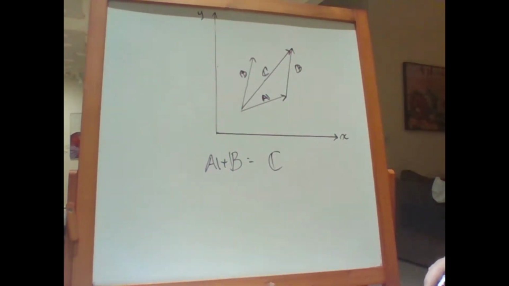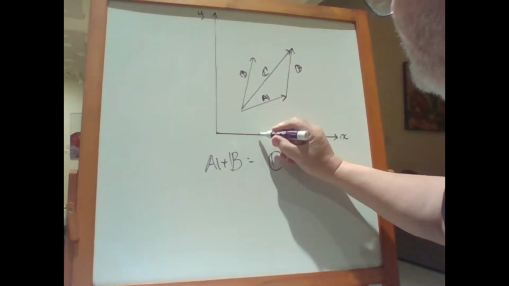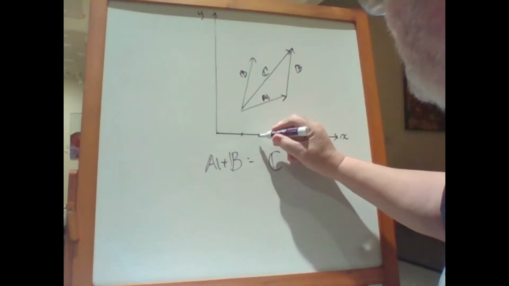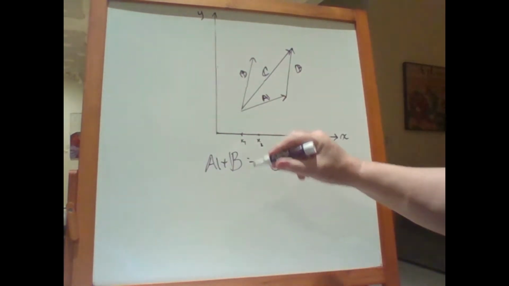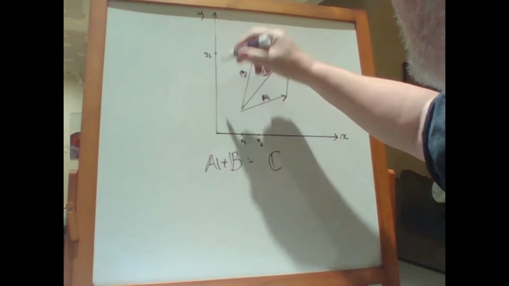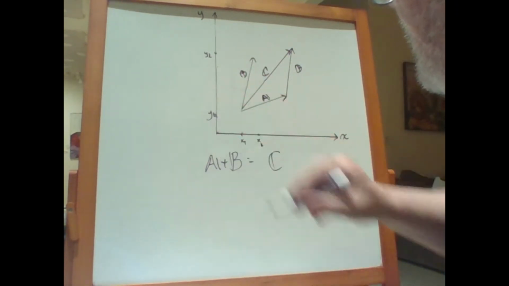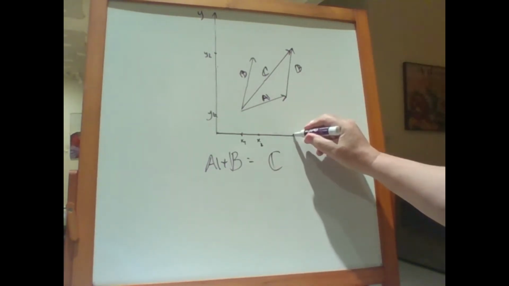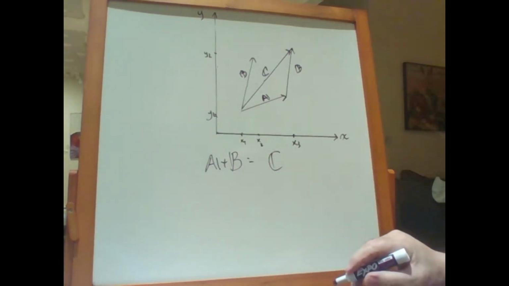So, we have B as x2, x1, and y2 over y1, and A is x3 and x1.